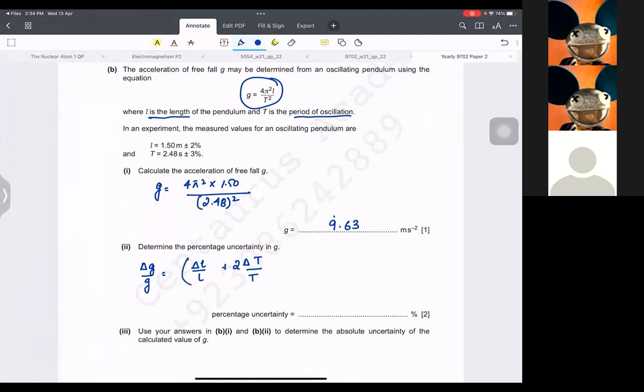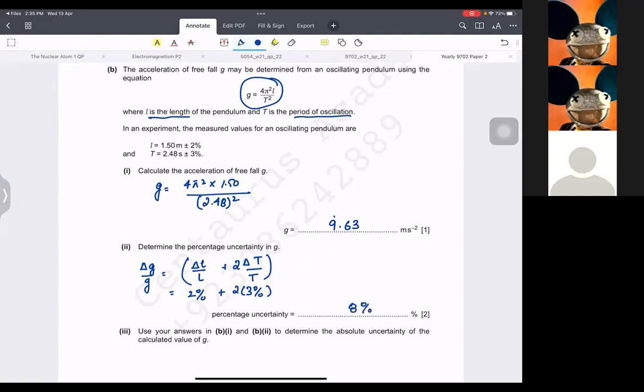And then because it needs percentage, you've got to multiply this by 100%. Oh my God, they've already given it in percentage. So nice of them. This will be 2% plus 2 times 3%. So that's going to be 8%.